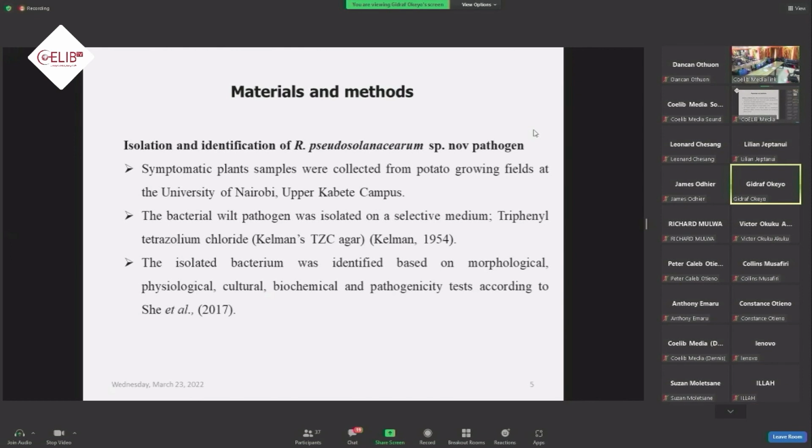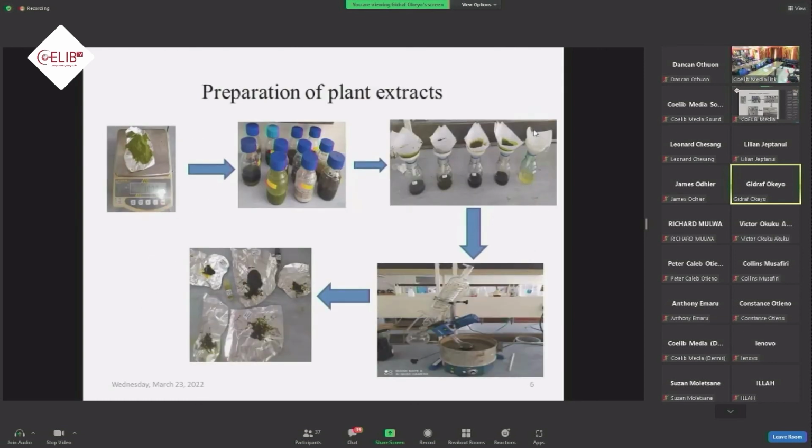We started by isolating and characterizing the pathogen that we were to use in the lab. Then we collected different plant species, and after drying them, we weighed 10 grams and dissolved it in 100 ml of 2 different solvents.